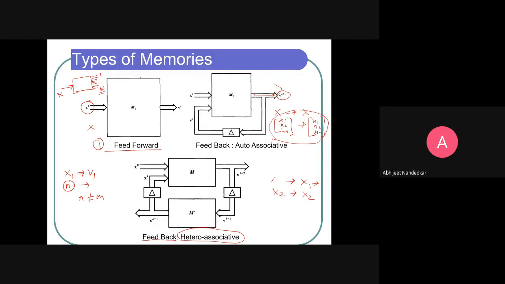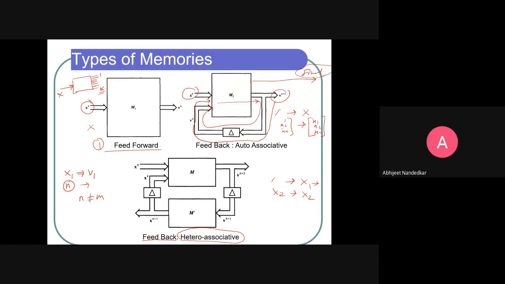So what is done is we feed X, we take output, and then this output is again fed back as input, and then again a new output is computed. This is again fed back, and when there is no change in the output, I take the final output. Okay, so that is the feedback mechanism.